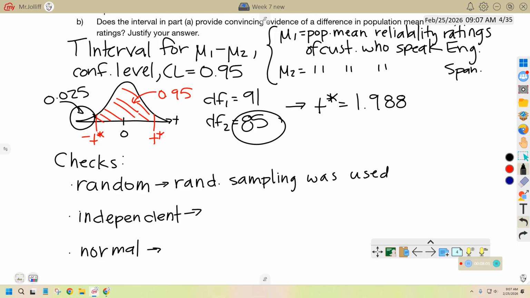Second check. Since I did sampling, I have to check independence. How do I check it? 10% condition. Very good. That's going to give me 2 statements. So first sample, 91 English speakers is less than or equal to 0.1 of all English speaking bank customers.